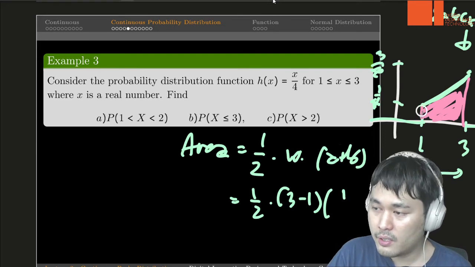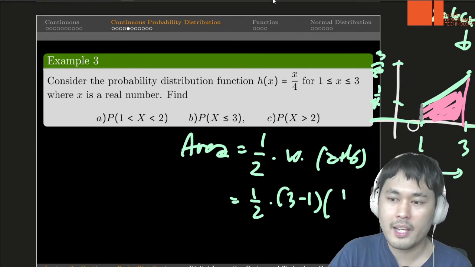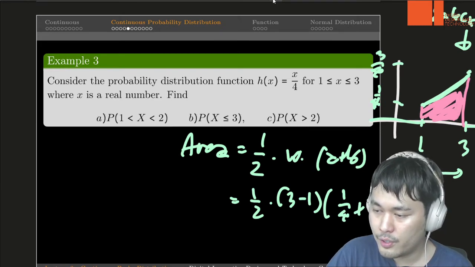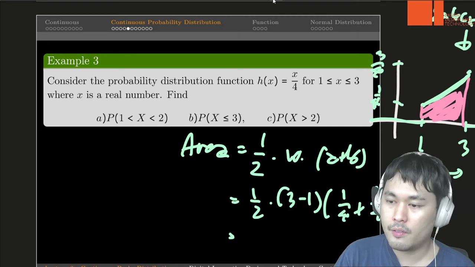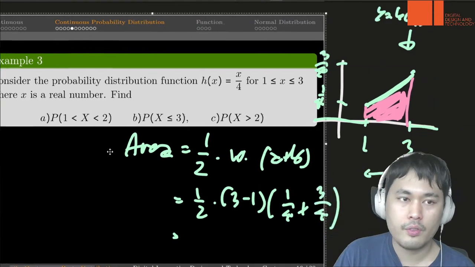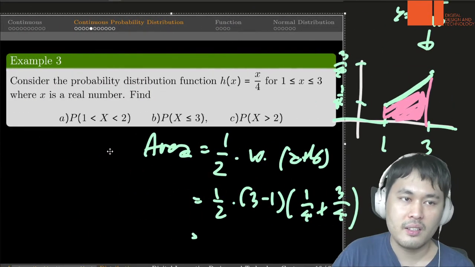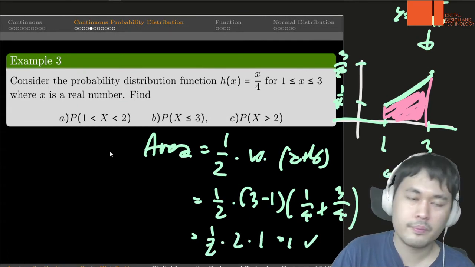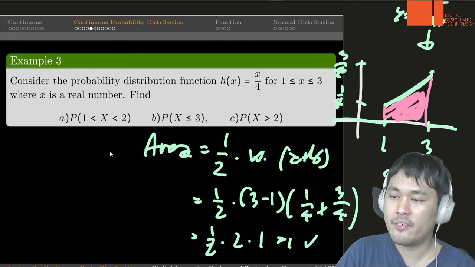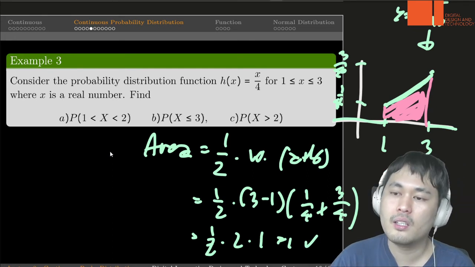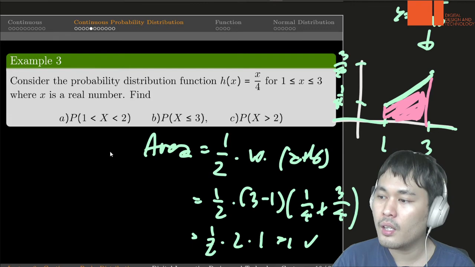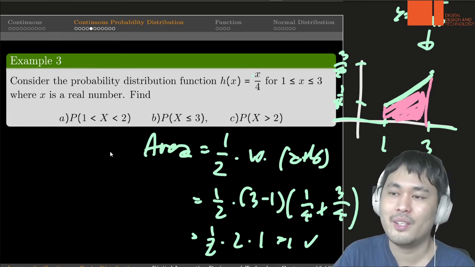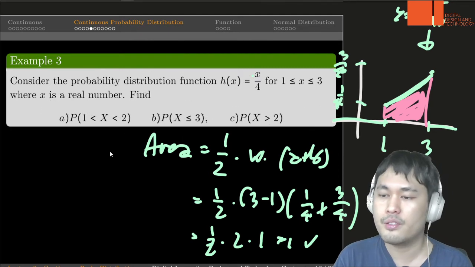And a plus b is the height of this line, which is 1/4, and the height of the other line, which is b, is 3/4. If we compute everything, we get 1/2 times 2 times 1, which is 1. So the area makes sense. Now it's a probability distribution function. And if that is a PDF, then we can compute all these 3 values.